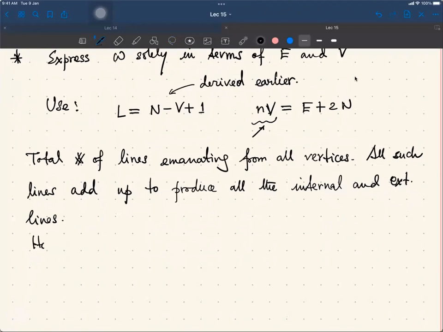However, each internal line is counted twice in this process.